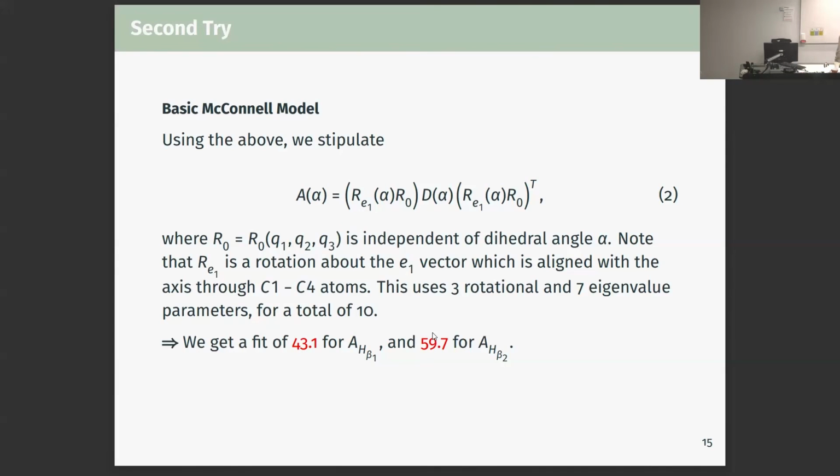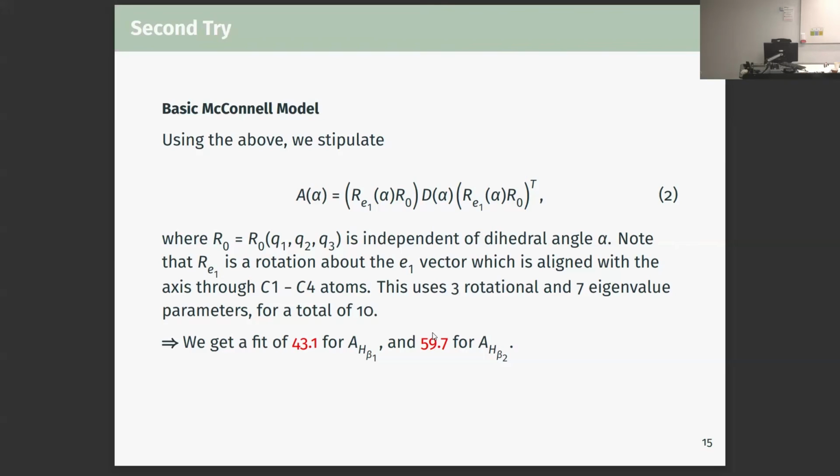And then we pop that in the middle, and on either end, we take a rotation, 2 rotations. One rotation is accounting for the fact that the whole system is rotating by the dihedral angle. The hyperfine tensor is rotating, so it's kind of a change of frame.